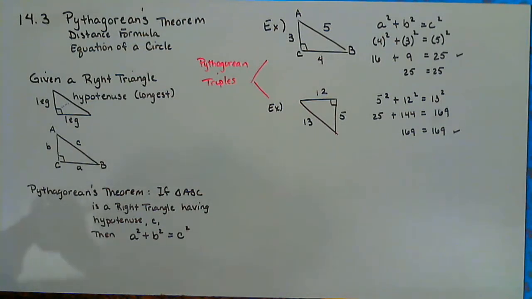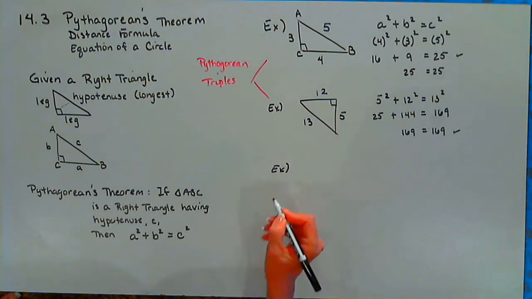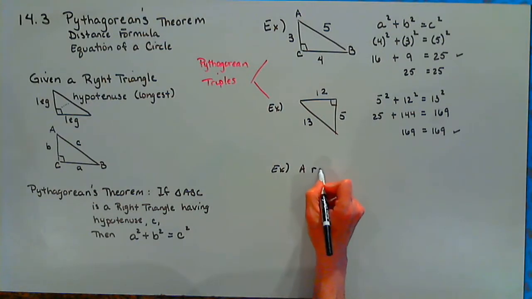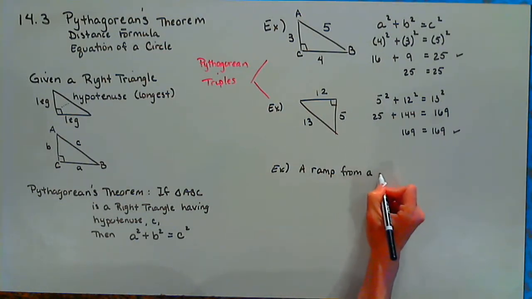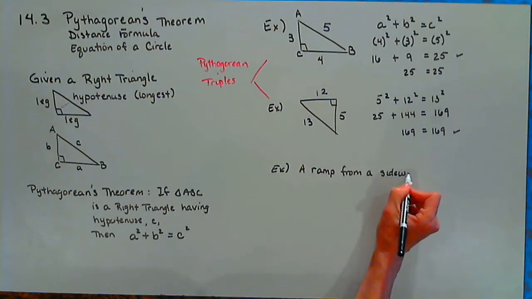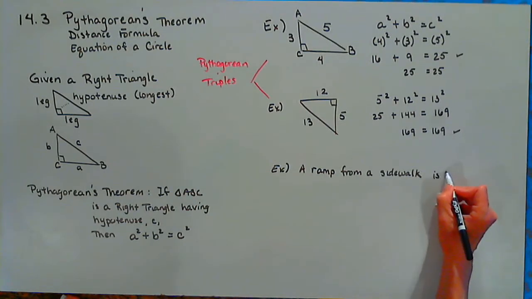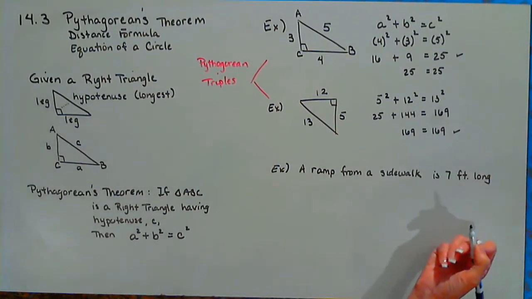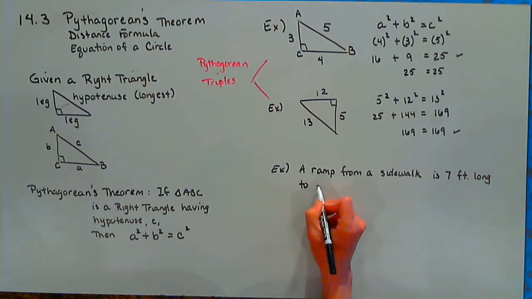So let's say, for example, now we're going to try some. I'm going to give you guys a word problem. Move off of the visual. Let's say a ramp from a sidewalk to a doorway is 7 feet long.